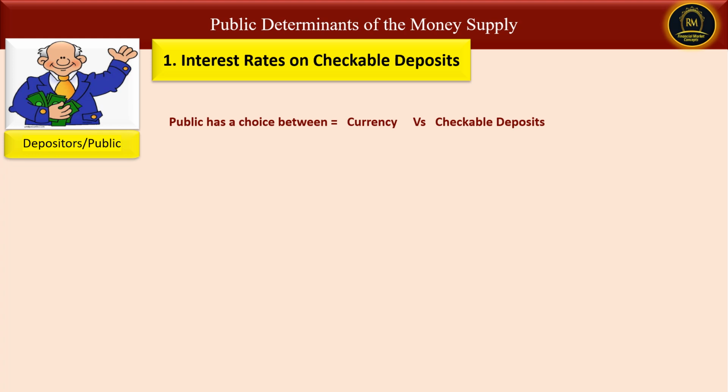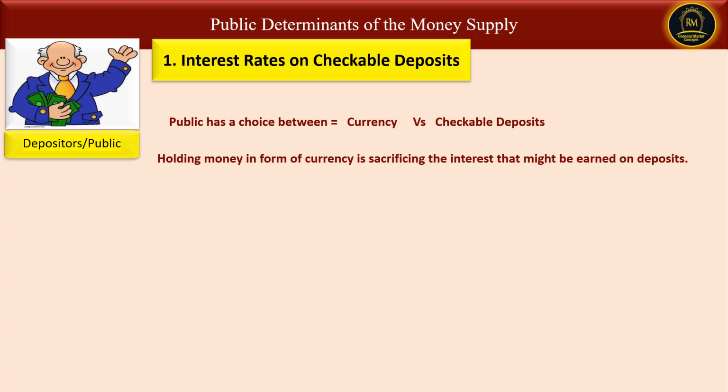So they are called checkable deposits. But holding money in the form of currency is sacrificing the interest rate that might be earned on deposits in the bank. So that is an opportunity cost. You are sacrificing the interest rate that you might earn if you deposit that currency in the bank.